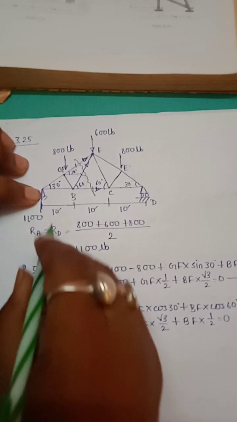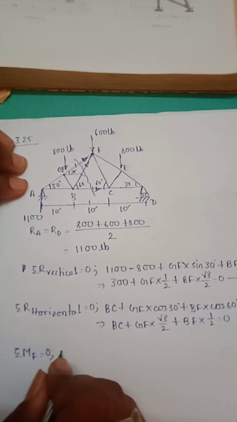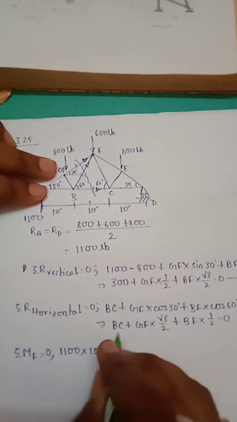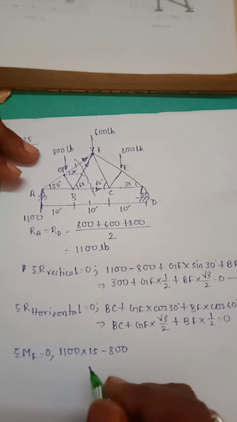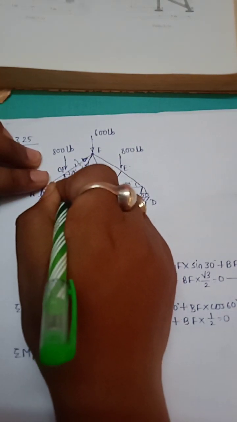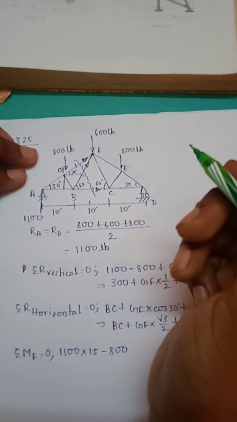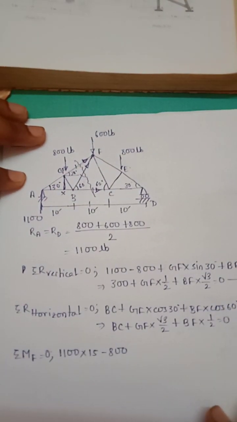So this is acting at a distance of 10 plus 5. 1100 pound into 15 feet minus 800. We will have to know the position of X.